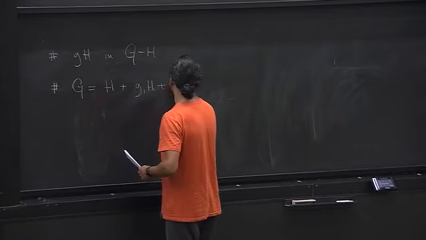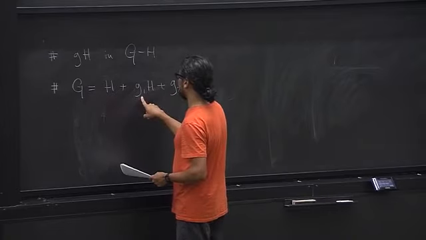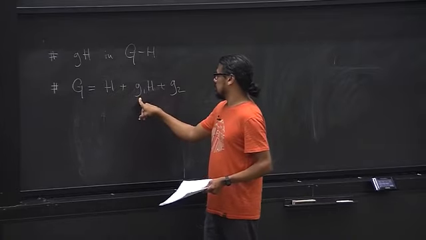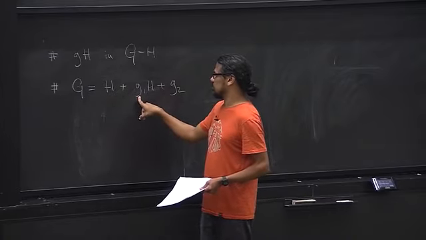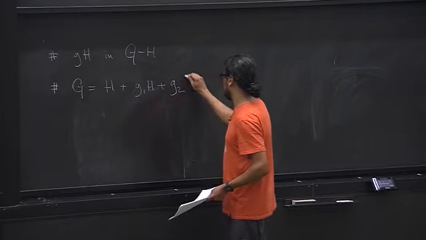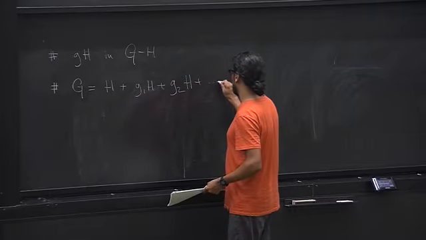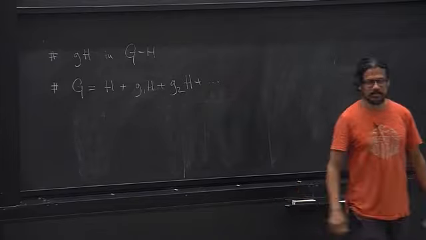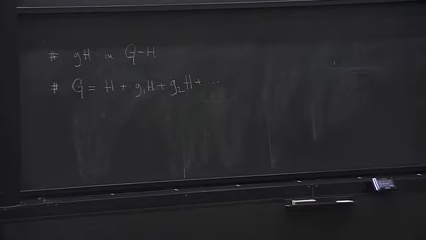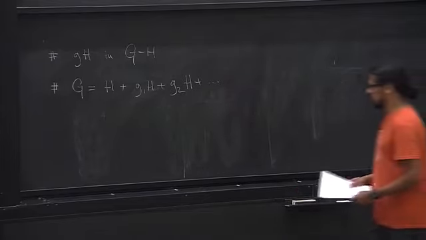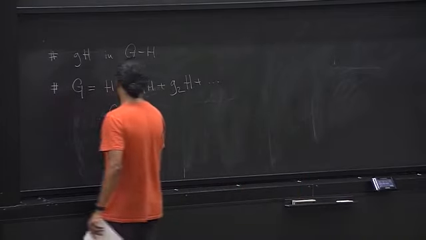For every G1, G2, G3 and so on, which is not in H, there is an expansion of this group in terms of the coset. This is known as the coset decomposition.